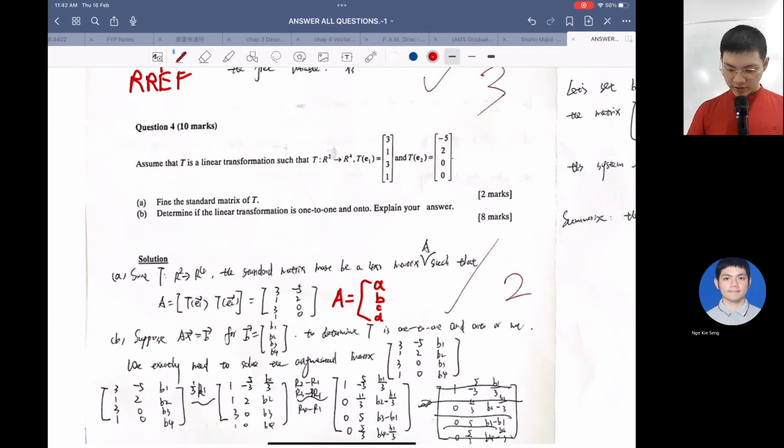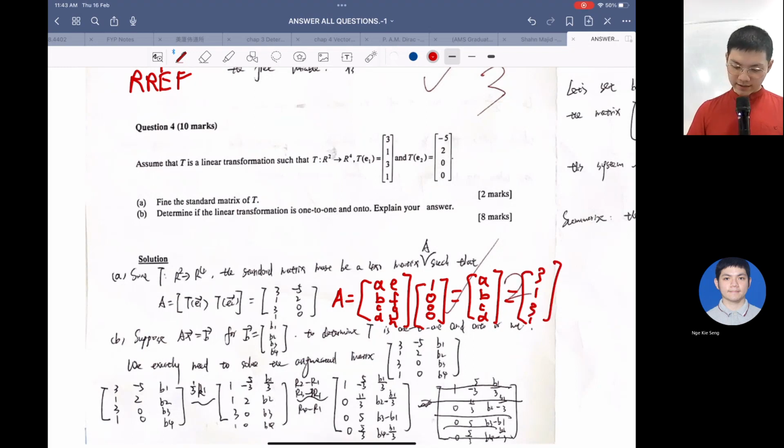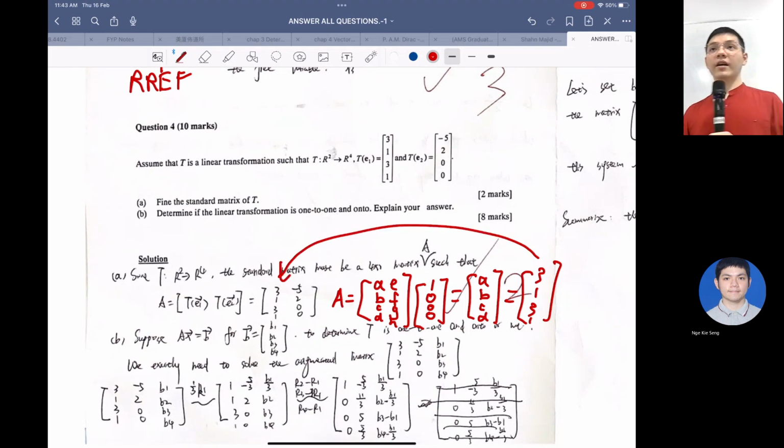So it's a 4x2 matrix with entries E, F, G, H, such that this matrix multiplied by 1, 0 equals A, B, C, D, where we want A, B, C, D to equal 3, 1, 3, 1, so that you will know exactly what the first column is. You can write it out, or you can also just do it like this, like what Yingjie does.